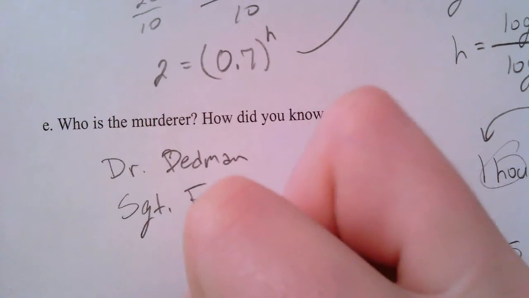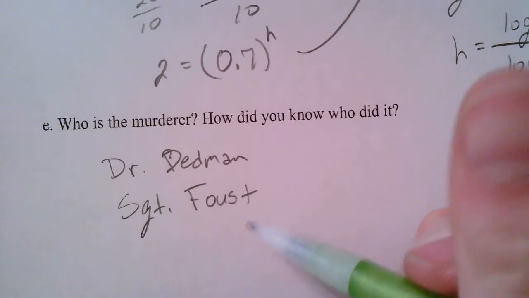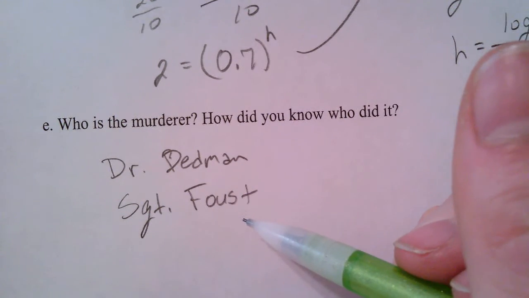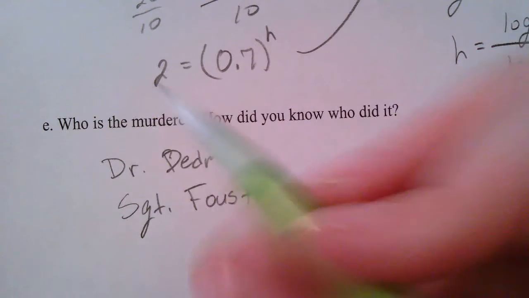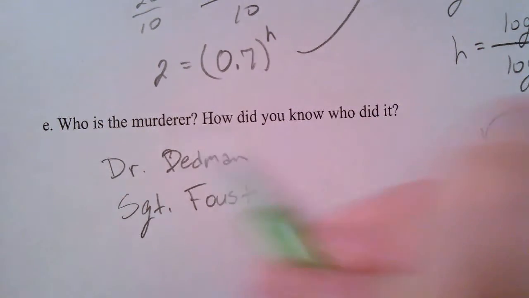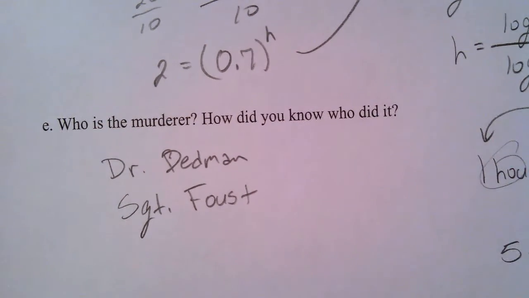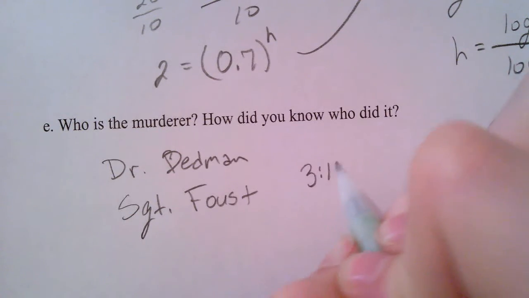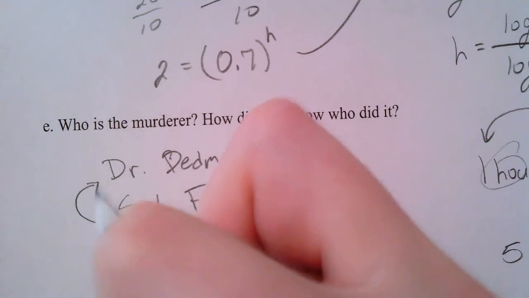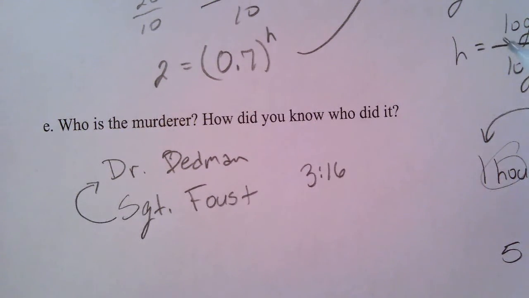Sergeant Faust was the person signing everybody in and out of the building. So these are the only 2 people in the building during this time of death, 3:16. So that must mean that Sergeant Faust actually killed Dr. Deadman.